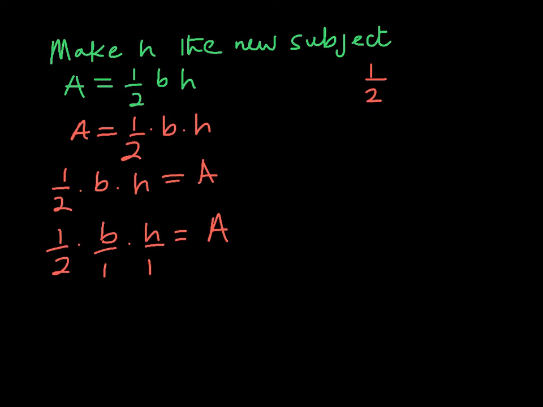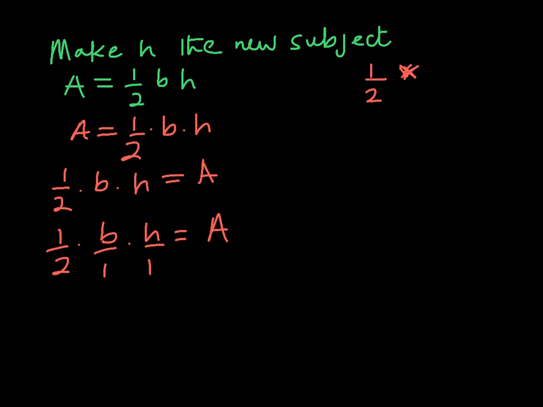So to reverse this process, we need to multiply. But what do we multiply with? Well, we need to multiply with a value that's going to cancel it out. So what is it that we're going to multiply half with that will cancel out half? That is 2. So just multiply it with its reciprocal. If we want to cancel out a fraction, multiply it with its reciprocal.